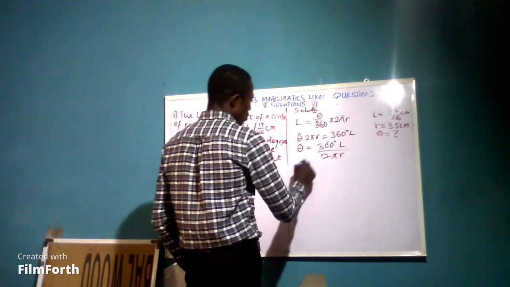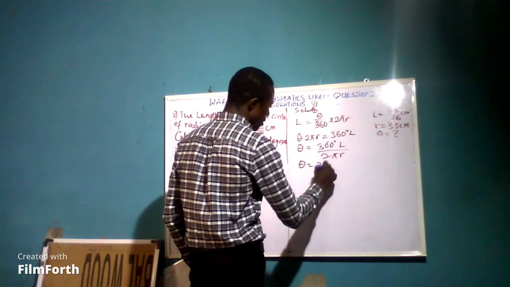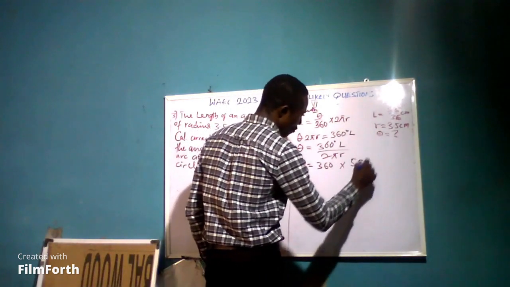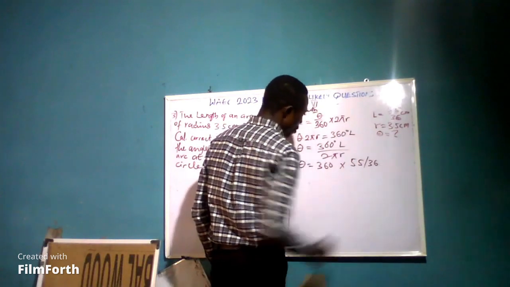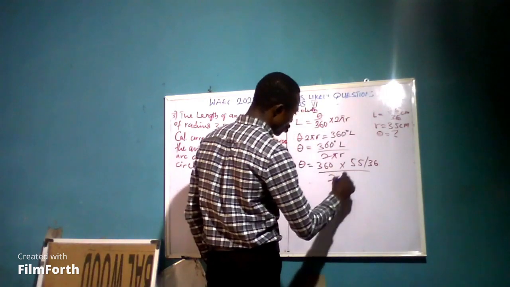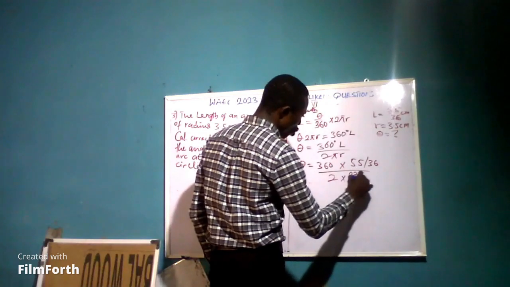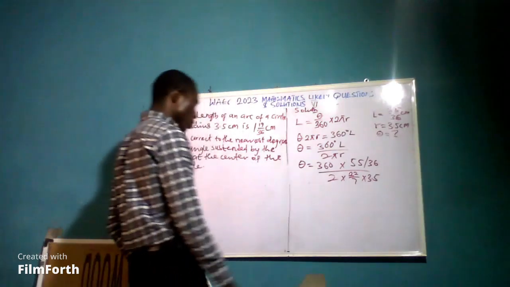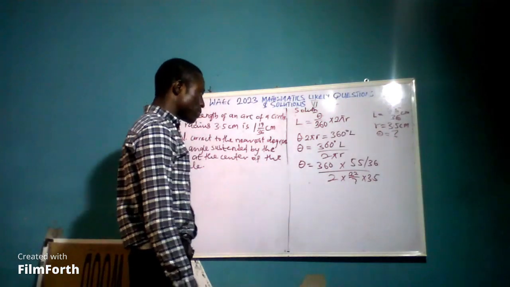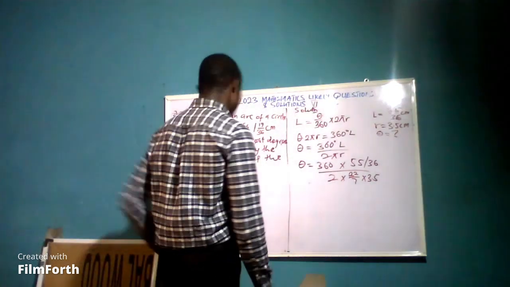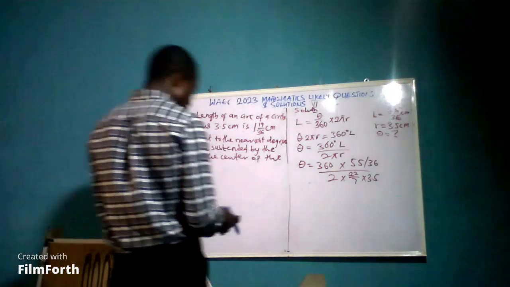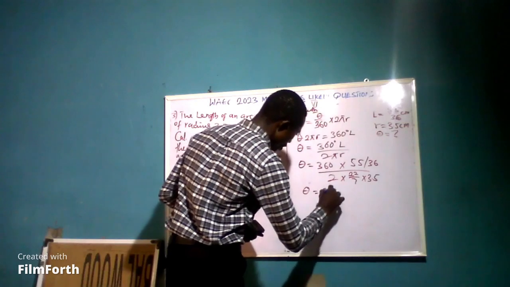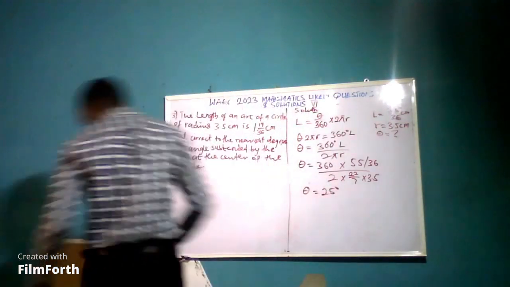So we have theta equal to 360 times L, which is given as 55 over 36, everything all over 2 times 22 over 7 times 3.5. And with that, if you do your calculation, let's use the calculator now. That will give us theta equal to 25 degrees. That is that.